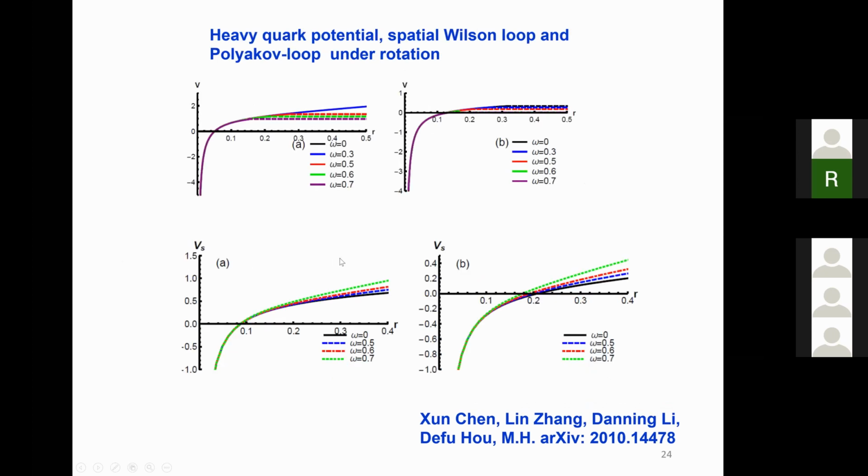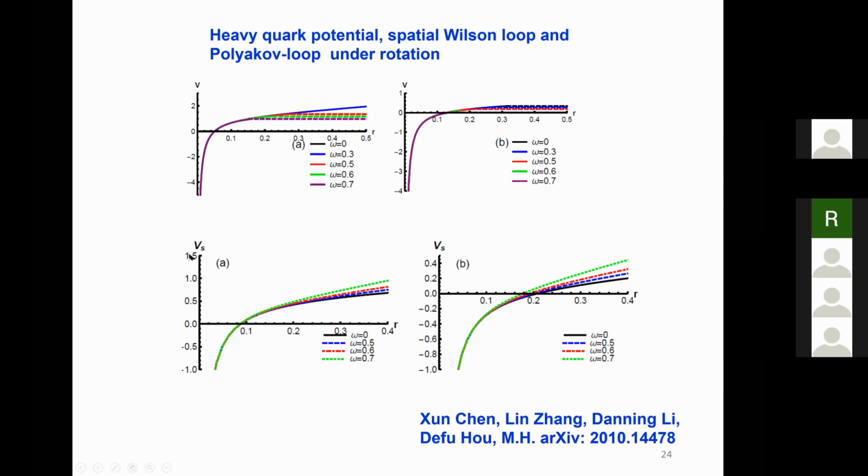We can also investigate the heavy quark potential, the spatial Wilson loop, and the Polyakov loop with rotation. This is the heavy quark potential, and you see that with the increase of angular velocity, the screening part decreases with omega.